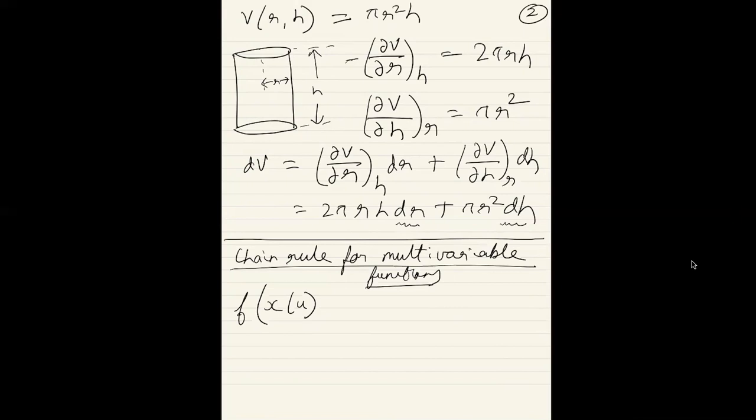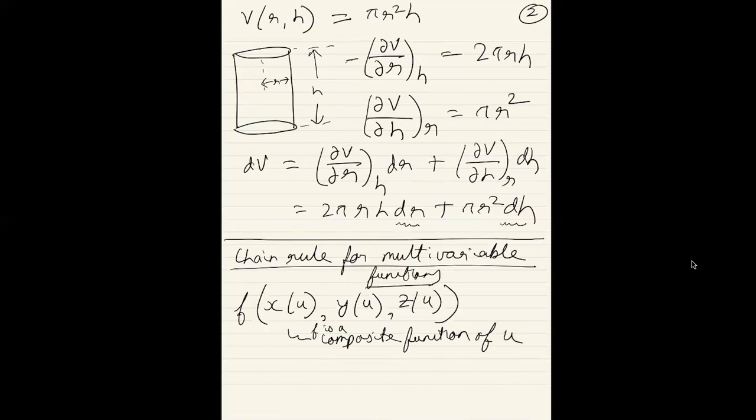Here, the only change is we don't just have x of u, we have some y of u also, and we have some z of u. So f is a function of x, y, z, and x, y, z themselves depend on u. So in this case, f is a composite function of u.